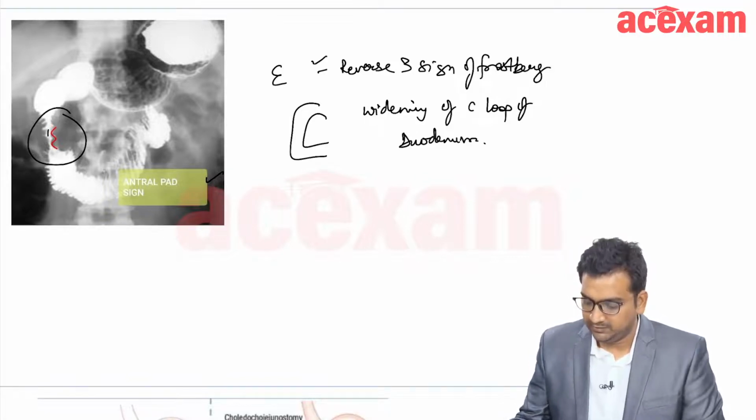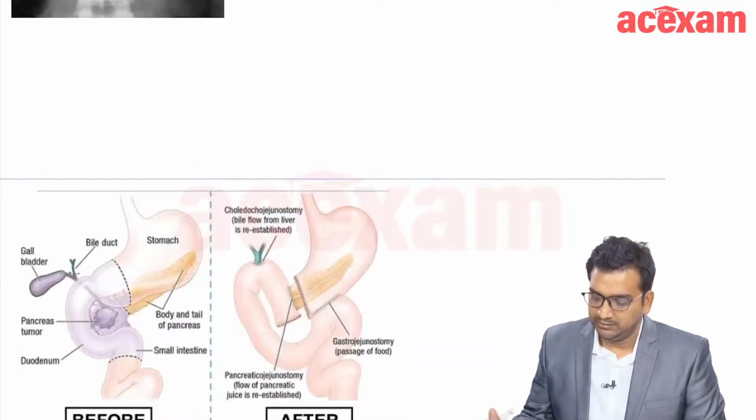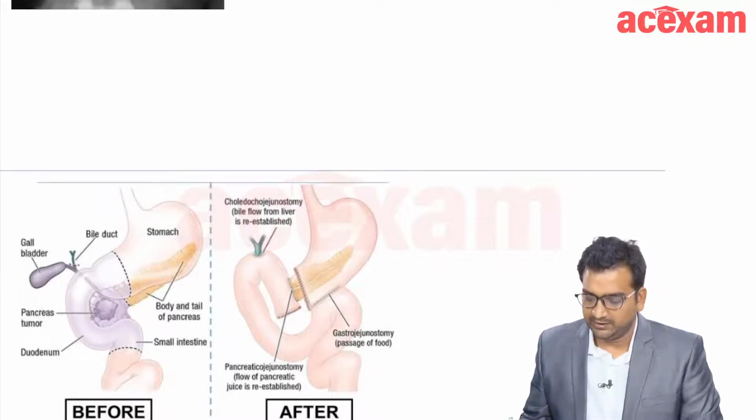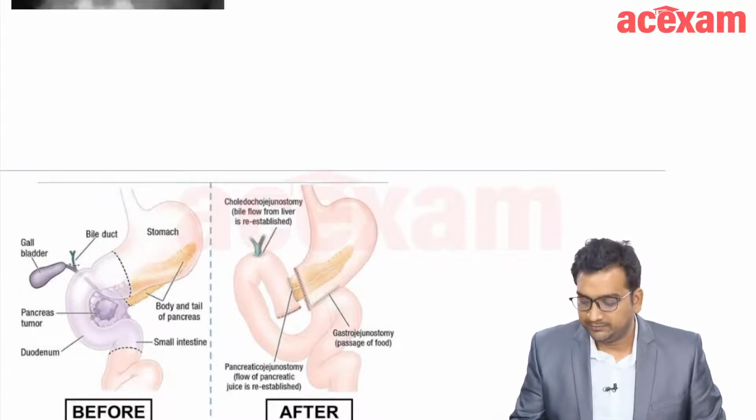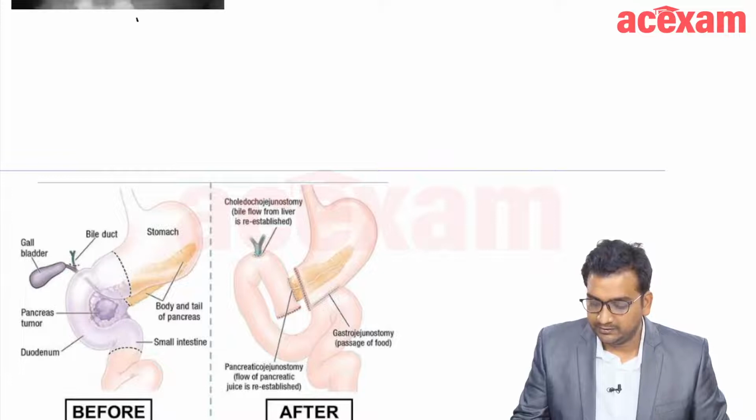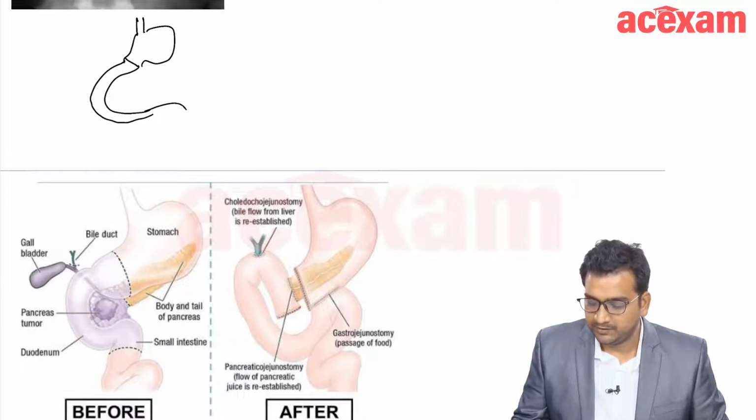Now I will show you the Whipple's procedure. I will first make you understand that this is stomach, then this is duodenum, this is DJ flexure, and then jejunum. Okay.